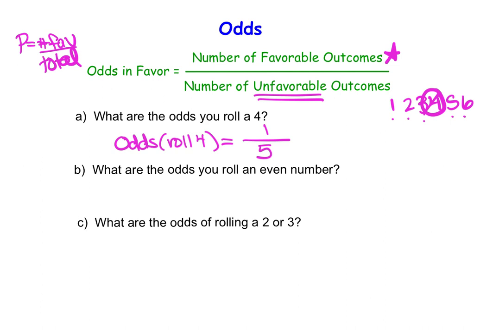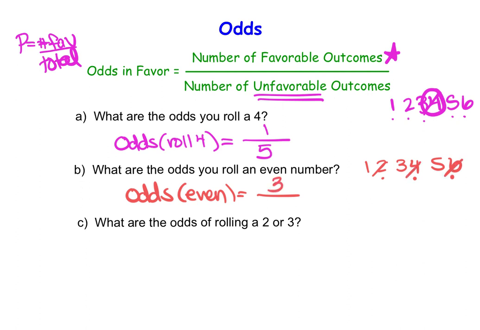Now, the next one says, what are the odds that we roll an even number? So here, again, if I list them out, the odds that we roll an even number, the number of favorable outcomes is 1, 2, 3. We have 3 even numbers, so we have 3 favorable outcomes. Now remember, the bottom is not total.